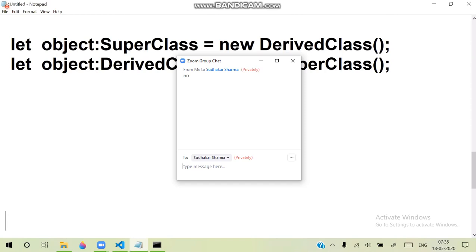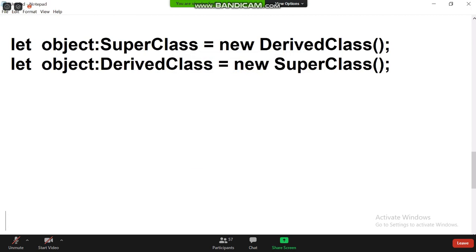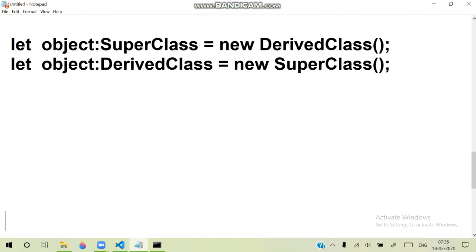It is not valid in other programming languages. But it is valid in TypeScript. Can you tell me why? Understood my point?